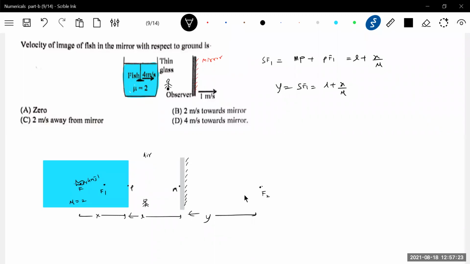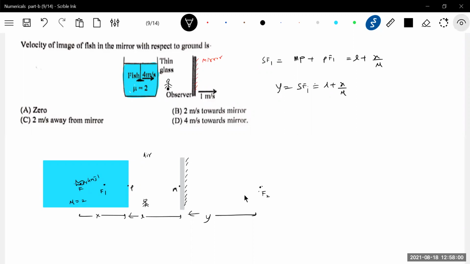Now we'll differentiate this. First we'll calculate in what direction this image is moving. What is the velocity of this image? Mirror is also in motion.